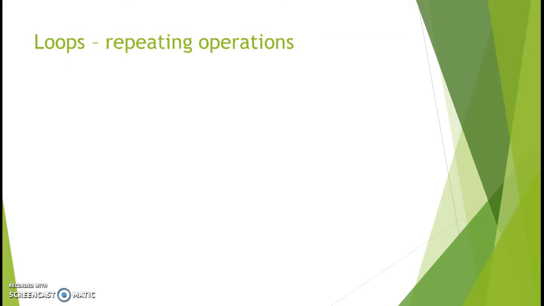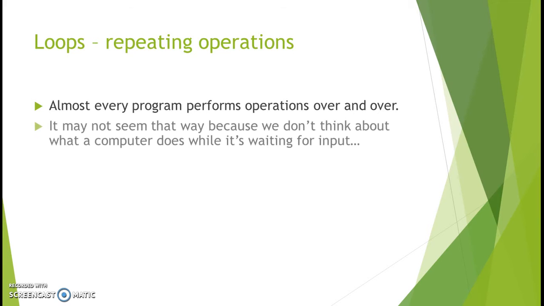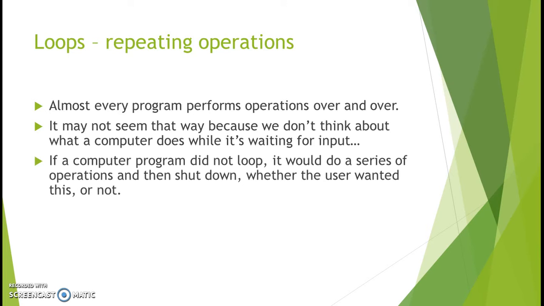Okay, so loops are simply repeating operations. And almost every program that you'll see will perform operations over and over again. It sometimes doesn't seem that way because we don't think about what a computer is doing while it's just waiting for input. It's all in the background and we just don't see it.